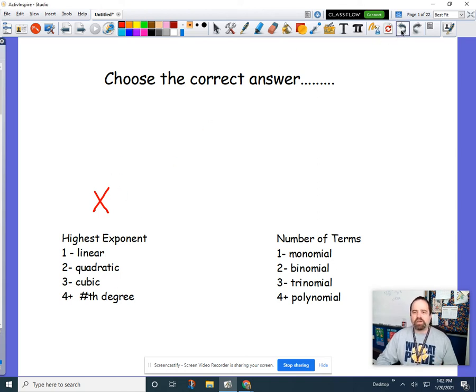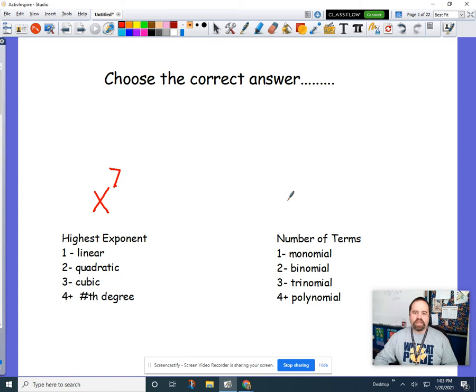And anything bigger than that, you refer to it with the number of the exponent. So if you have a 7, it is a 7th degree. Basically anything 4 or bigger, you replace the number sign with the actual number and then just roll with it. The second word or phrase that you're going to use has to do with how many pieces there are in the expression.